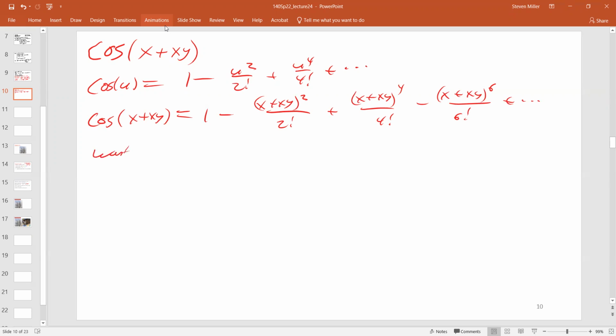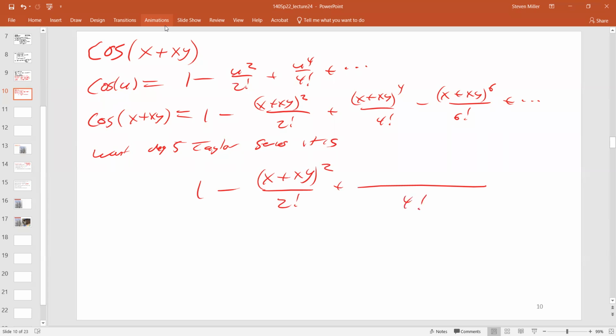If I want the degree 5 Taylor series, it is 1 minus (x plus xy) squared over 2 factorial. And which terms do I need from the (x plus xy) to the fourth if I want to be degree 5?